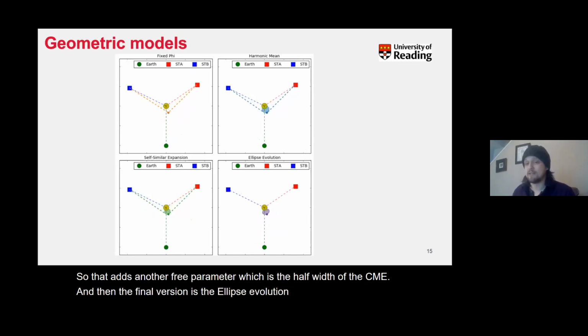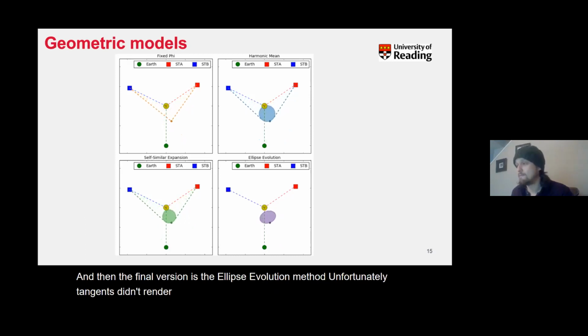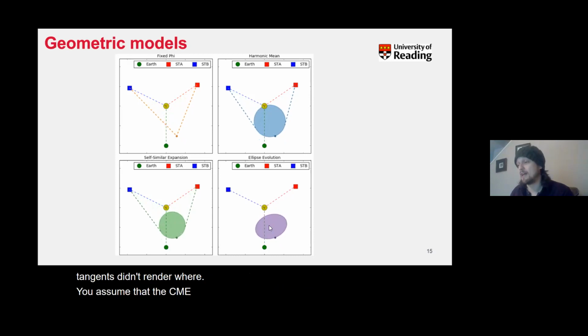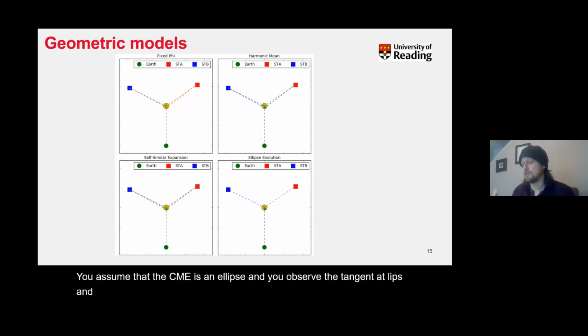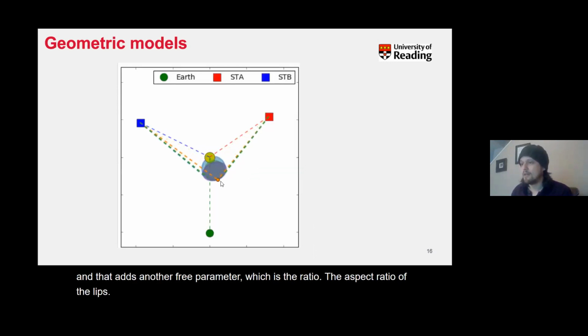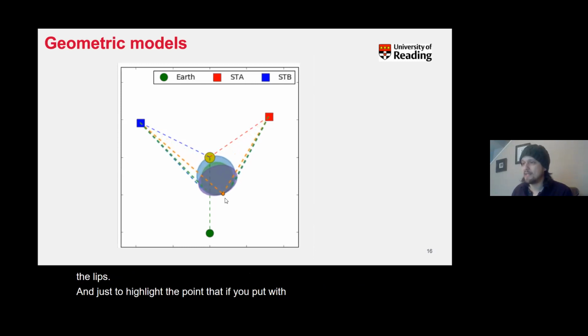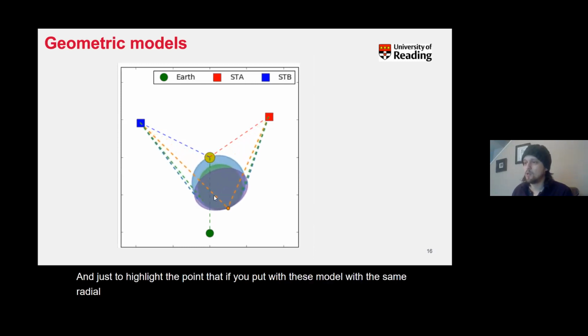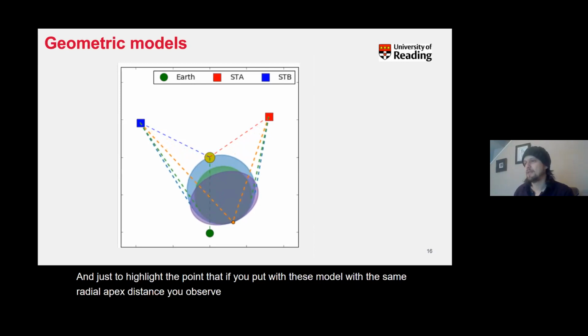Unfortunately, the tangents didn't render, where you assume that the CME is an ellipse and you observe the tangent of that ellipse, and that adds another free parameter, which is the aspect ratio of the ellipse. Just to highlight the point: if you put all these models at the same radial apex distance, you observe different elongations for them.